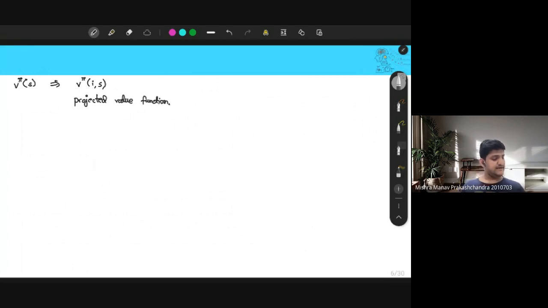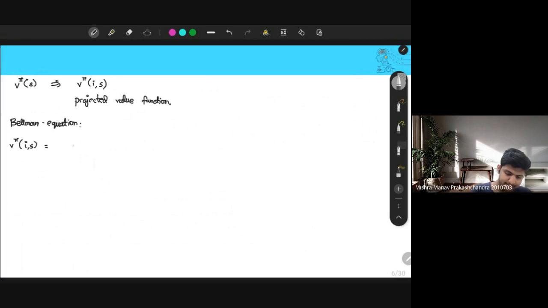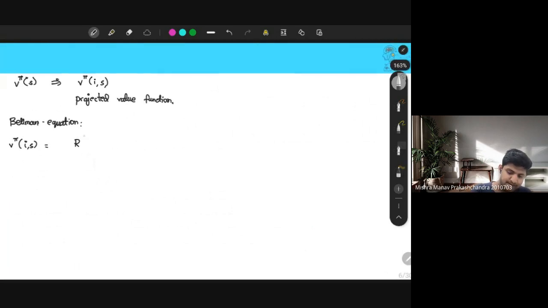Now, if we have defined this, we can define the Bellman equation for this value function. I have V pi i comma s is R of pi i of s. Basically I'm taking the first action at state s, which I'll denote as pi i. When I say I'm taking the first action, that means I'm making a first call to the smaller subroutine.